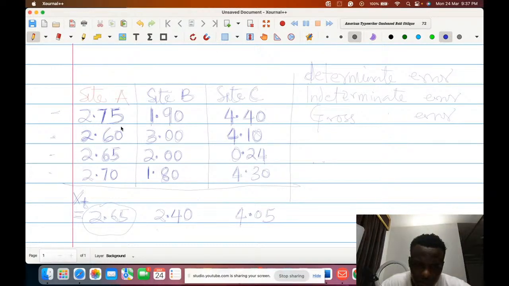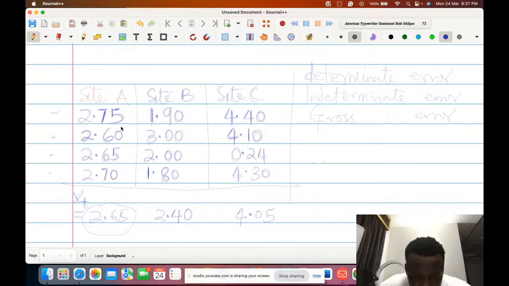The measured values are 2.75, 2.60, 2.65, 2.70. These 4 values are closer to 2.65. So therefore, site A is characterized by closeness of the measured value to the true value. In other words, site A is determinate error.